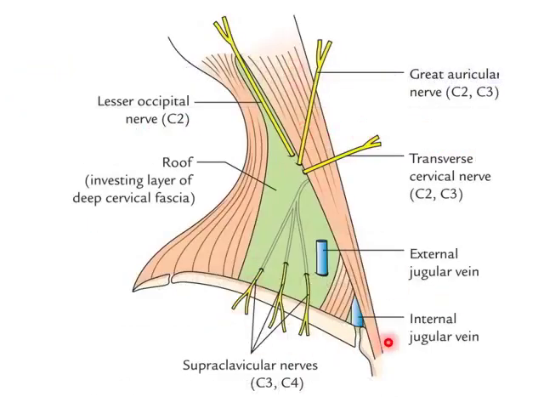This is the posterior triangle once more. This is the base formed by the middle one-third of the clavicle, the posterior border, and the anterior border. This is the junction between the upper one-third and middle one-third of the posterior border of the sternomastoid. This is the point of exit of the nerves that are considered to be a content within the posterior triangle.